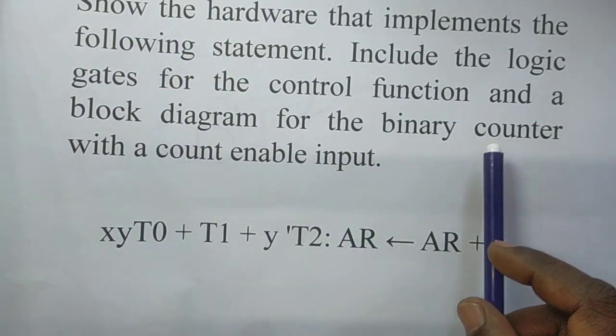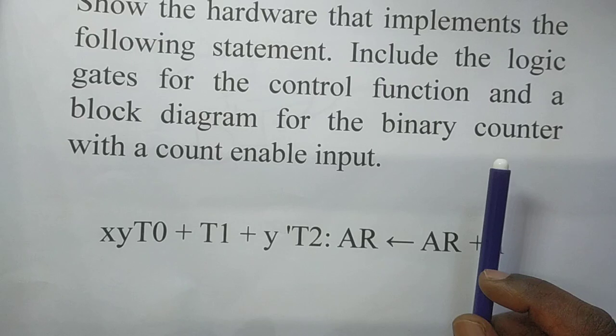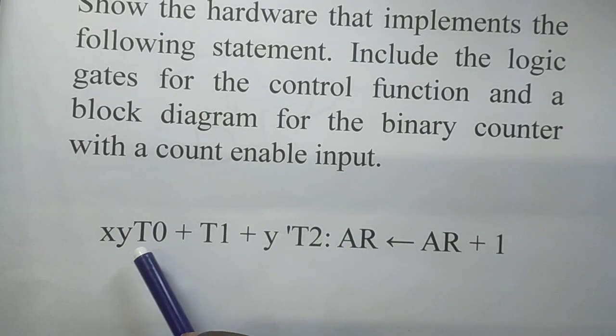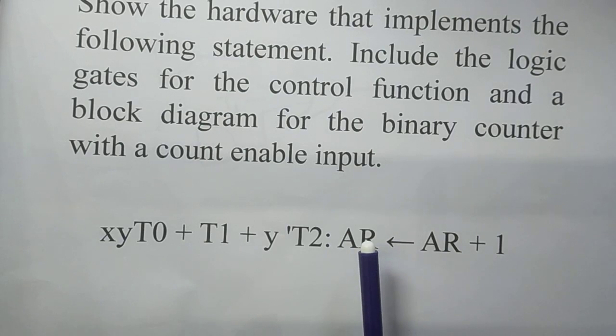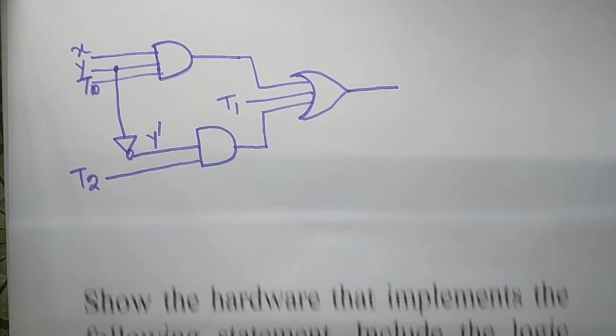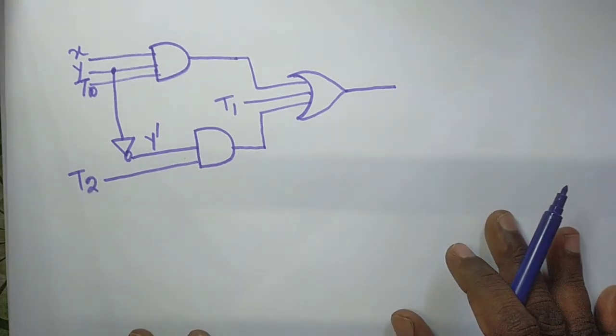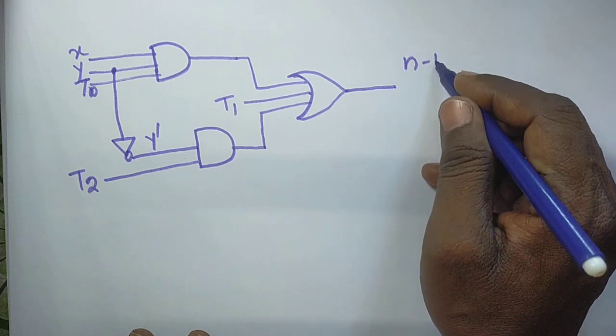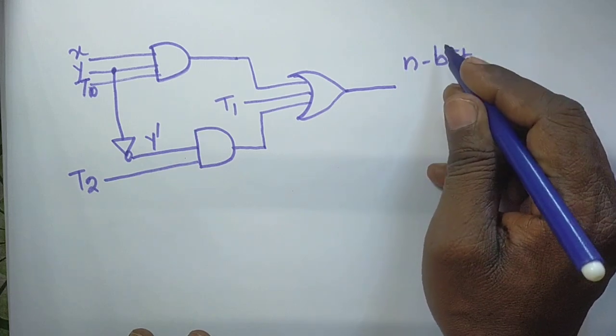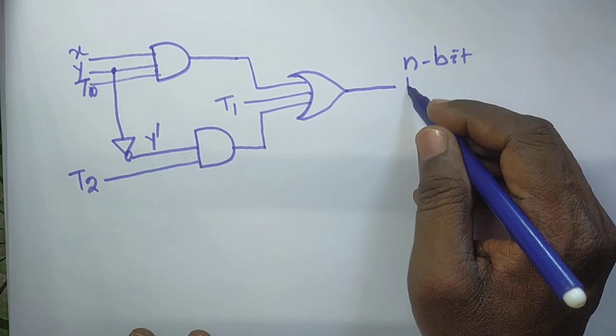The output of the control function connects to the binary counter. That means we will consider an n bit binary counter. We can write here n bit binary counter.